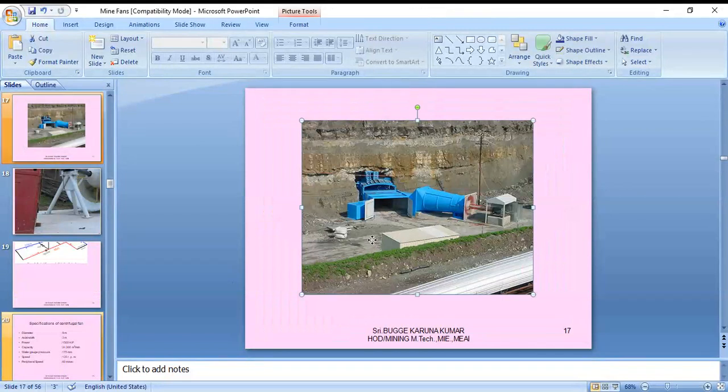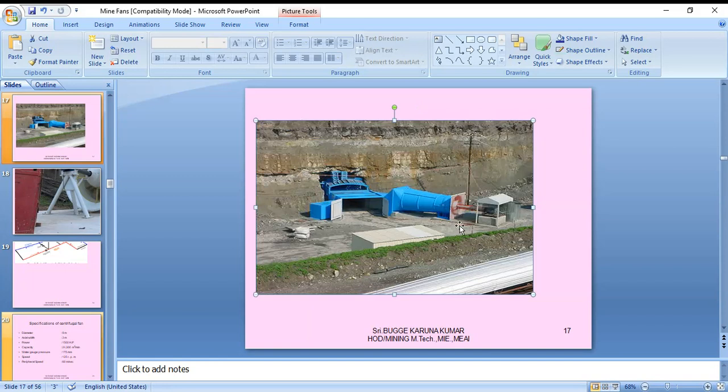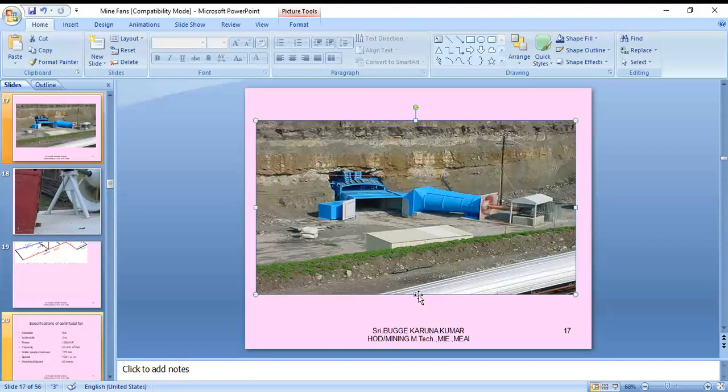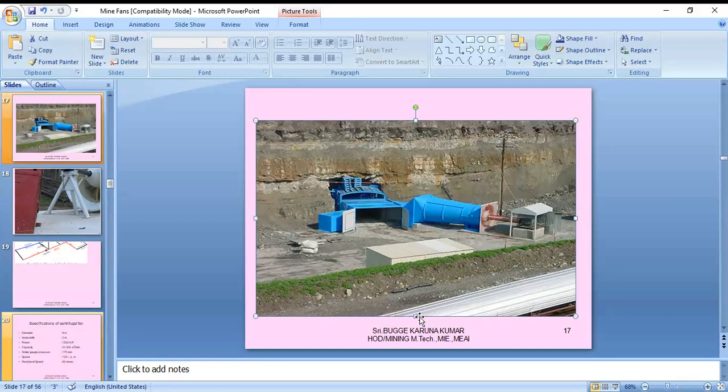And then this is the actual outlet of the major Evasé at the air shaft, the return airway shaft. So this is the fan house.